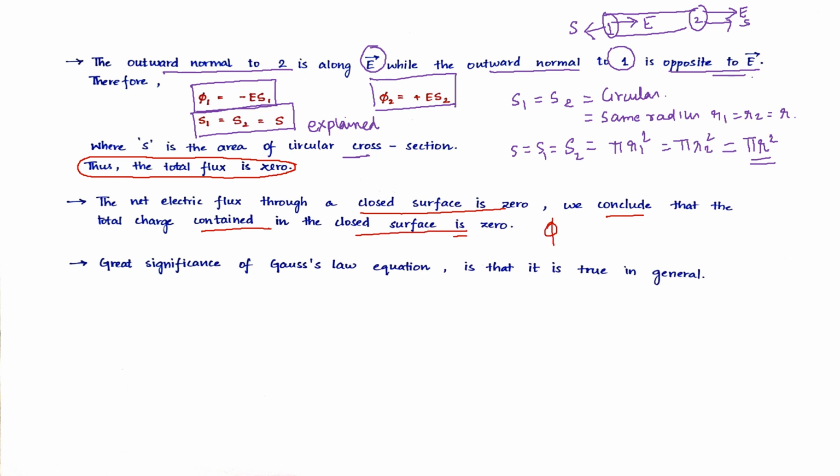Once it is proved that psi equals 0, we can say that Q in the given closed surface is 0. The great significance of Gauss's law equation is that it is true in general.